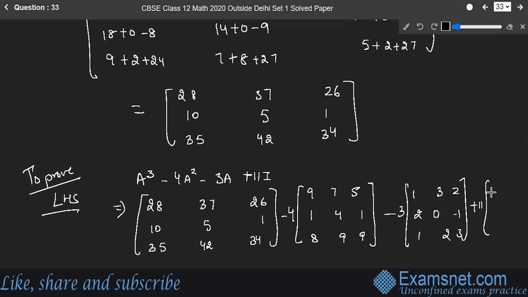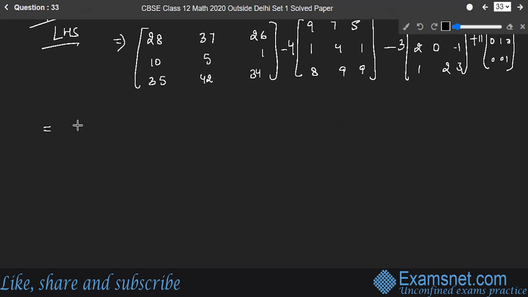11 into the identity matrix, which is 1, 0, 0, 0, 1, 0, and 0, 0, 1. Now, this is equal to, on solving, 28 minus 36 minus 3 plus 11, 10 minus 4 minus 6, 35 minus 32 minus 3.